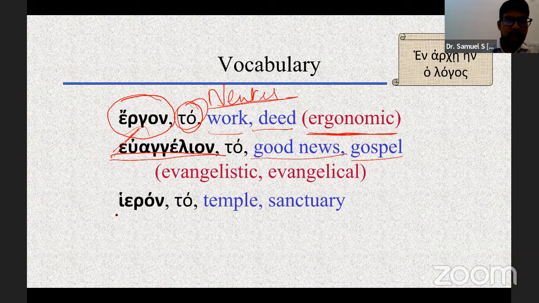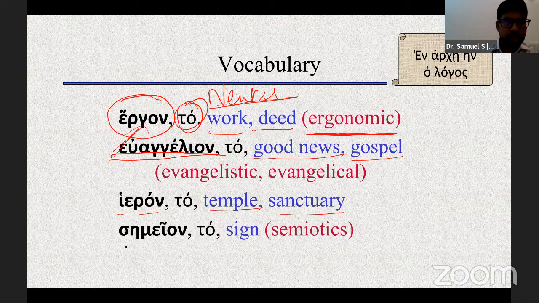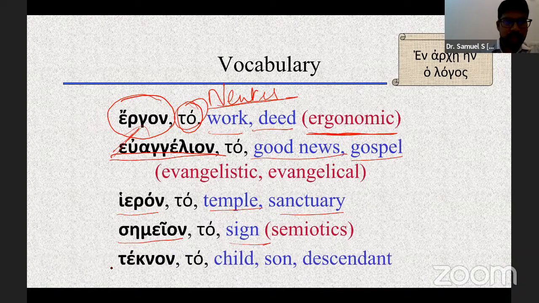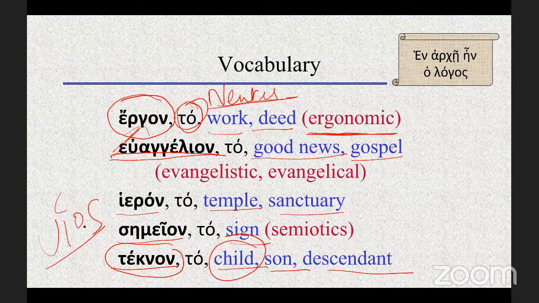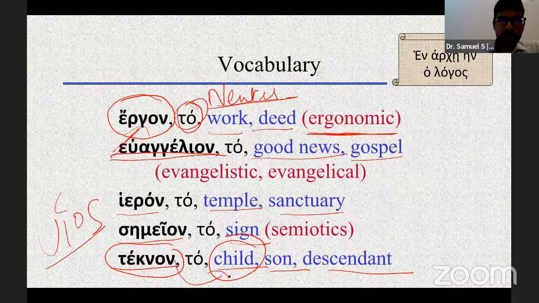Hieron, temple, sanctuary. Semeion, sign. Teknon, child, son, descendant. What was the other word that we just saw which says child? Huios. Right? Huios, and then teknon is also child. And there we go.